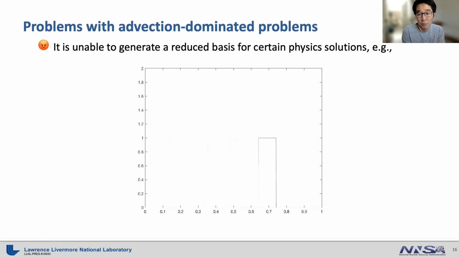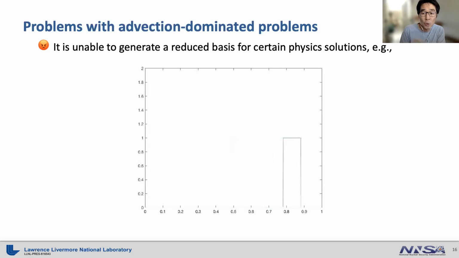Let's look at the simple pure advection simulation, where a rectangular pulse simply moves from left to right. Unfortunately, the current linear subspace reduced order model cannot represent the solution span of this simple simulation. It is not hard to see why, though. The individual snapshot data from the pure advection simulation are linearly independent of each other, as you can see.